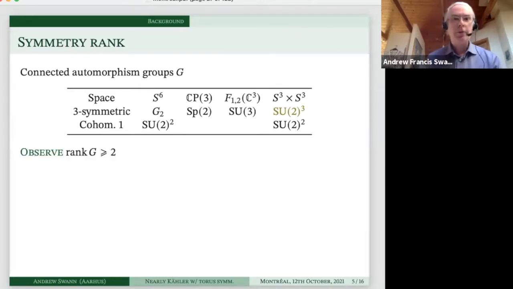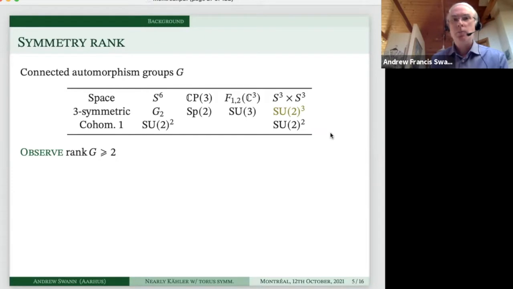So the simple observation here is that all the groups that appear here have rank at least 2. G2 is a simple group of rank 2, Sp2 is rank 2, SU3 is also rank 2. SU2 cubed, of course, is rank 3, so this is higher rank, but at least all of these have a symmetry group of rank 2.